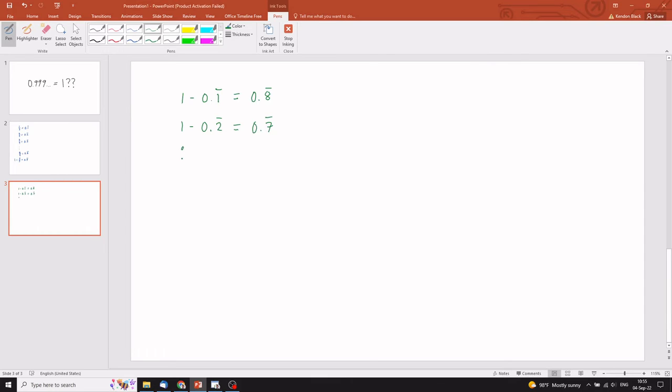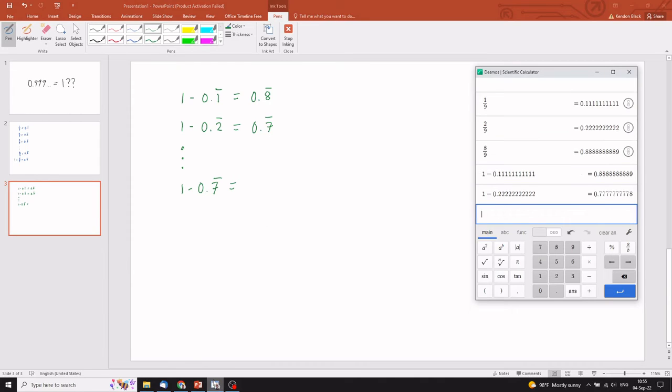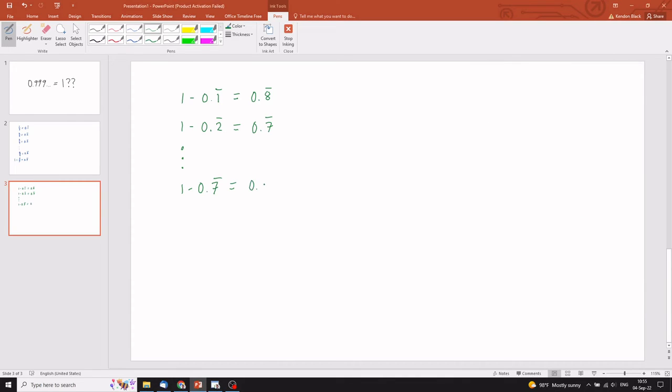Okay, let's kind of skip down, dot, dot, dot. And let's do 1 minus 0.7 repeat forever. Okay. Can you guess what it is before using the calculator? It's 0.2 repeat forever. And 1 minus 0.8.